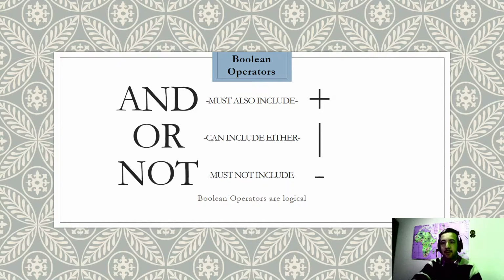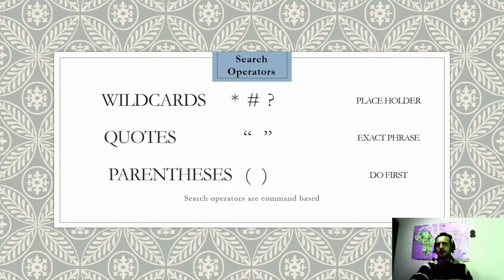So we're going to keep moving on to the search operators here. The search operators are basically everything that's command based. So all of the symbols, all of the terms that a search engine recognizes as being a command and not a character itself.